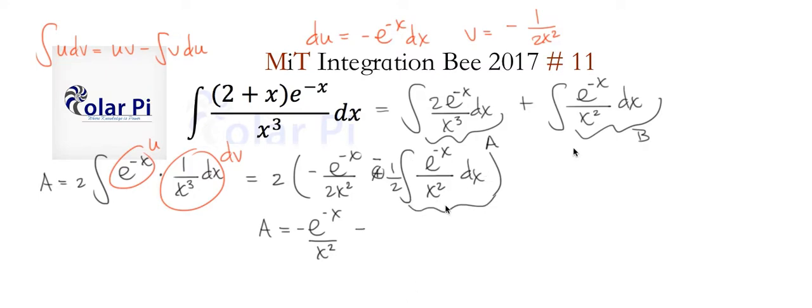But wait, look at this integral. Deja vu? It's exactly the same as this integral. So this here is B. So what we're going to write is A is equal to this here minus B.